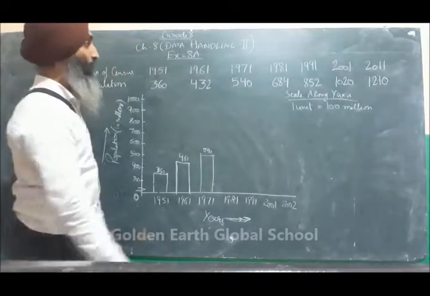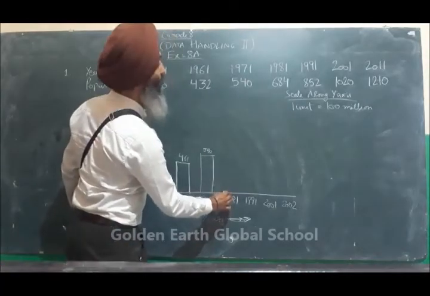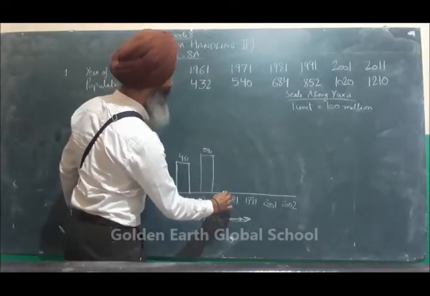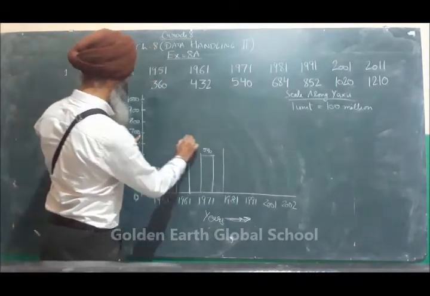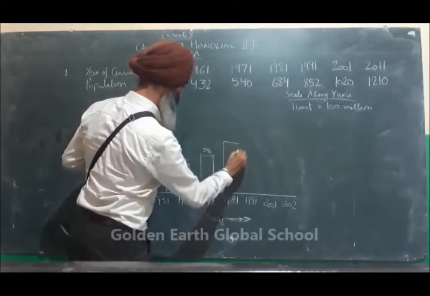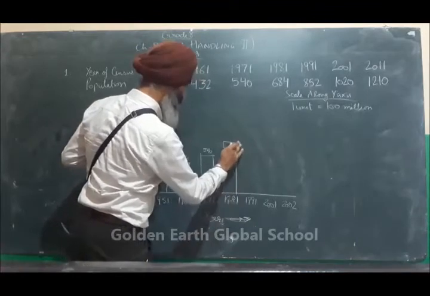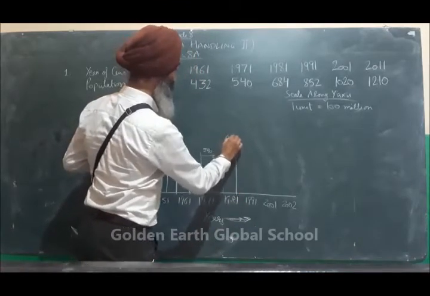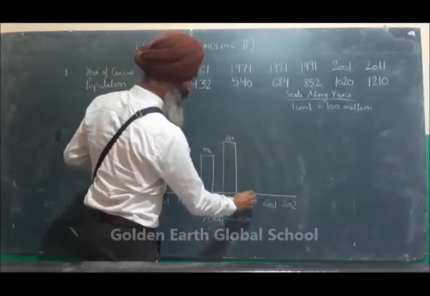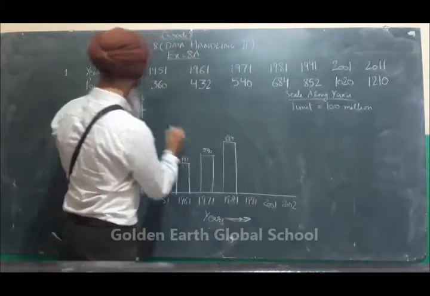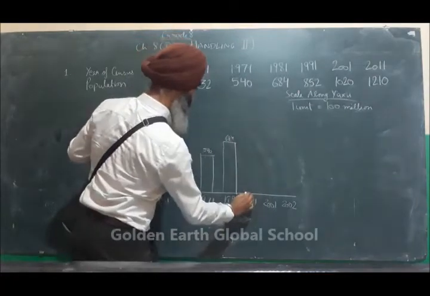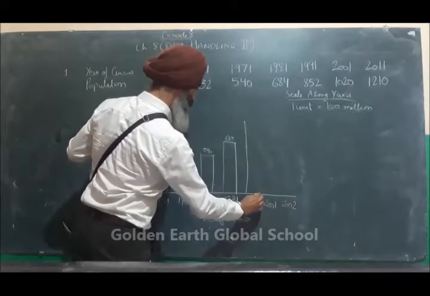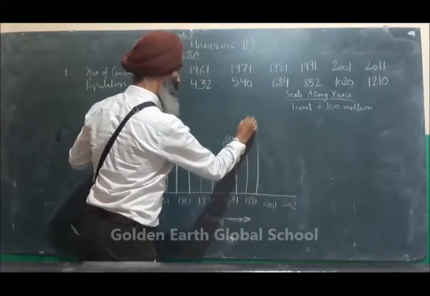Now next one, similarly you can make your graph, 684. So 684 will come here. Done. Now next one is 852. So 852 will come here. So make a bar of 852.